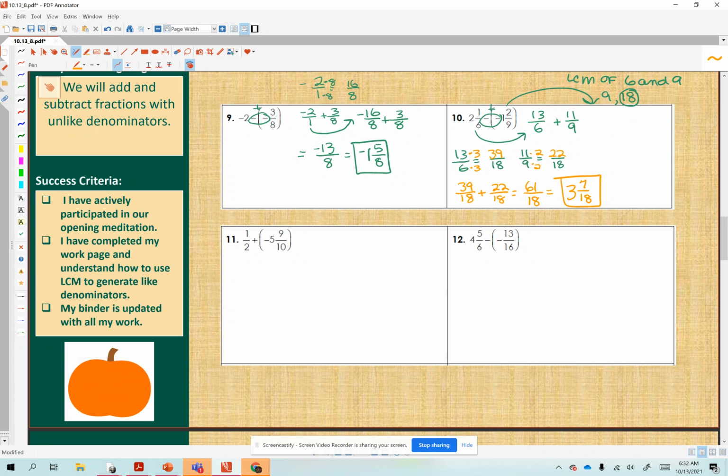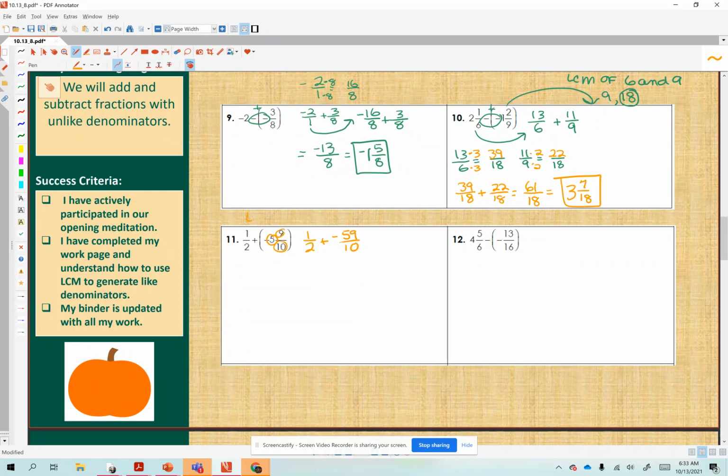Now, number 11, I have 1/2 plus -5 and 9/10. So I need to convert the -5 and 9/10 to an improper fraction. 10 times 5 is 50, plus 9 more is 59. So this will be a -59 over 10.